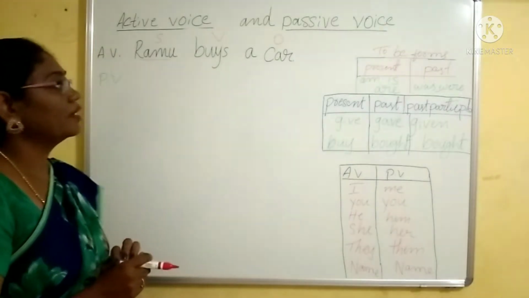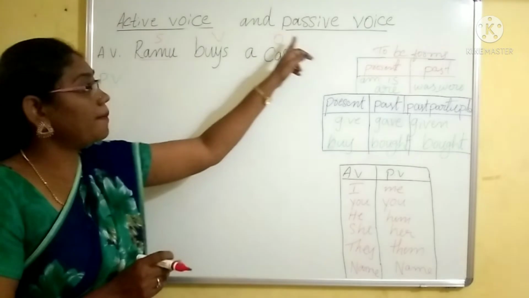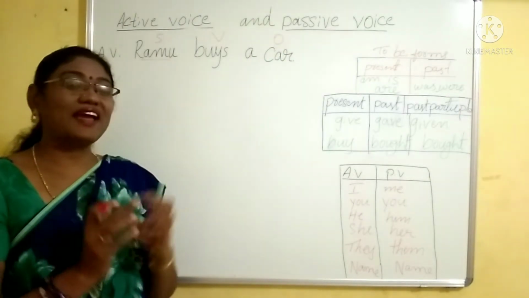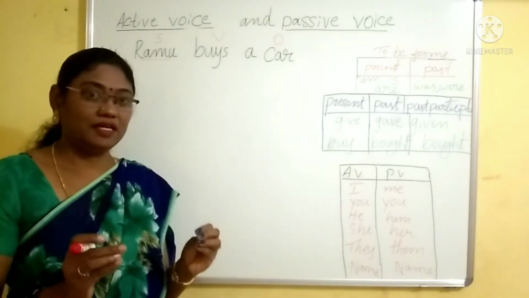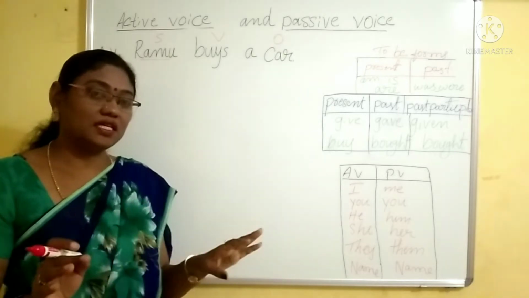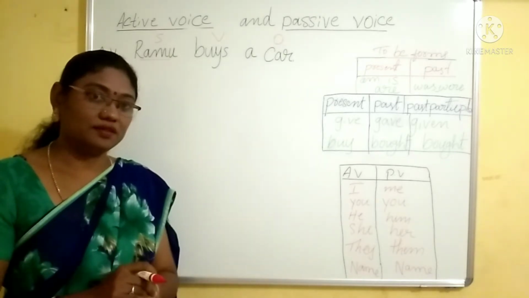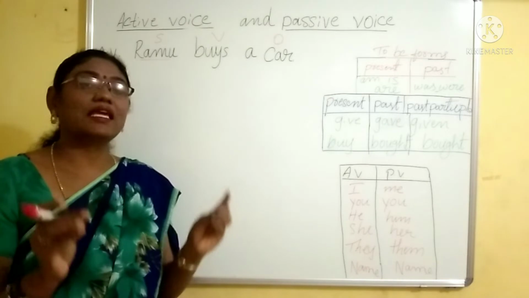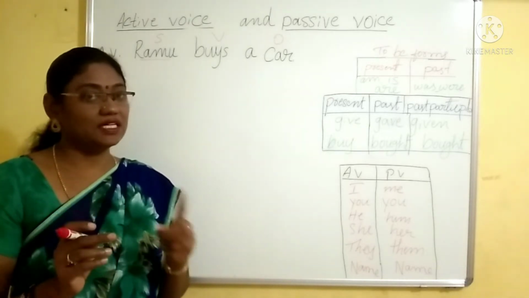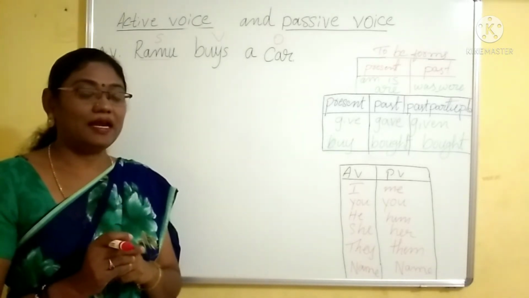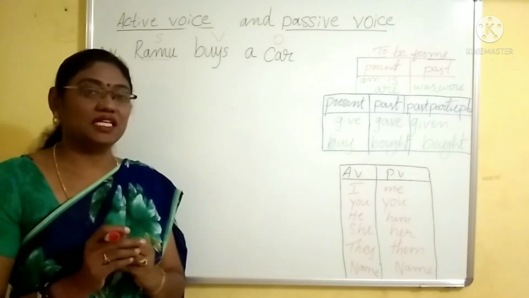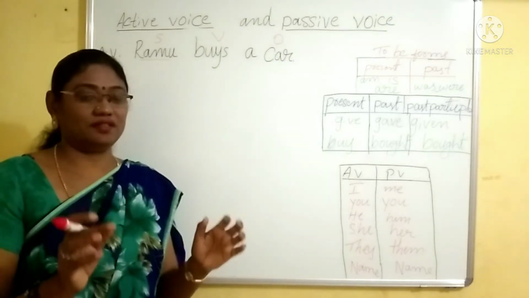In the case of passive voice, the action dominates and the subject is not so important. We give less importance to the subject in passive voice, and our main intention is to tell about the action.